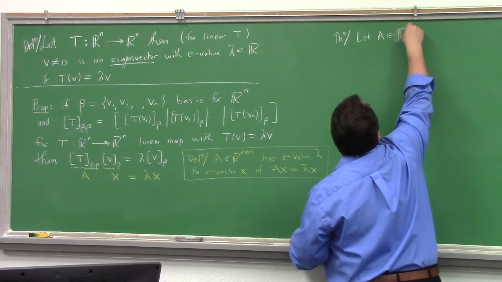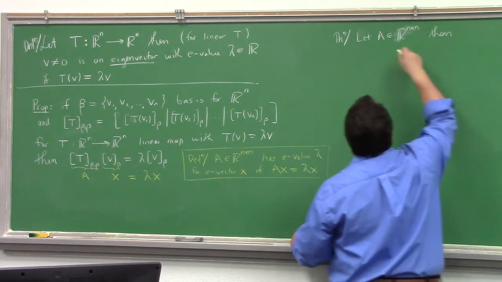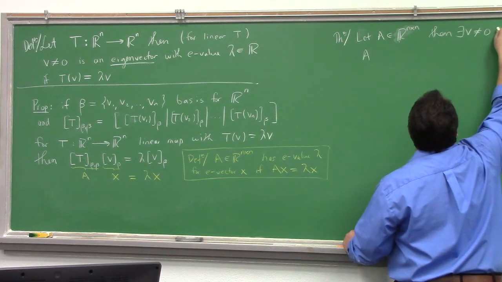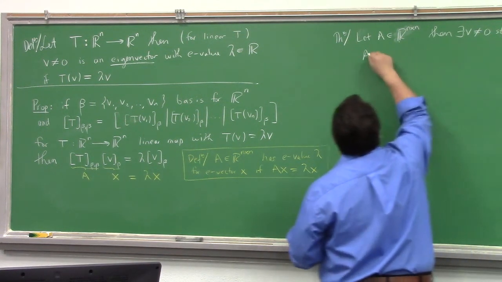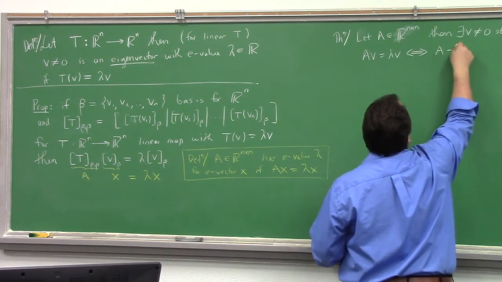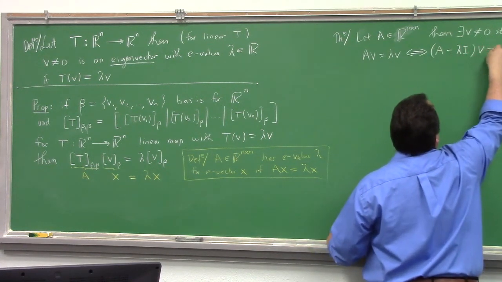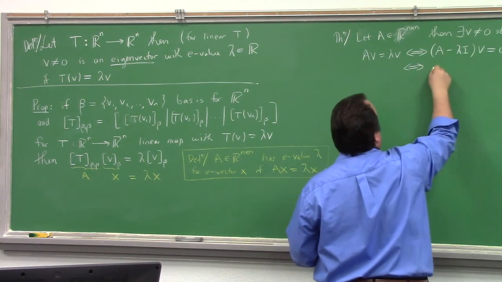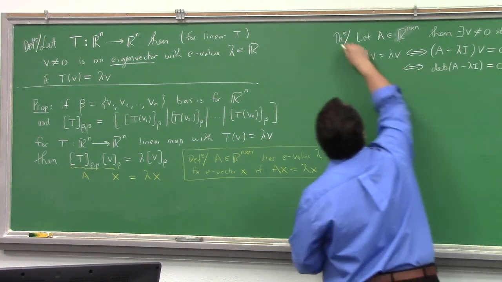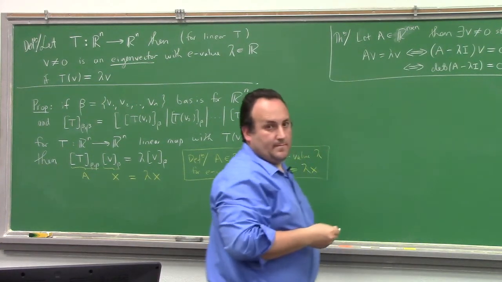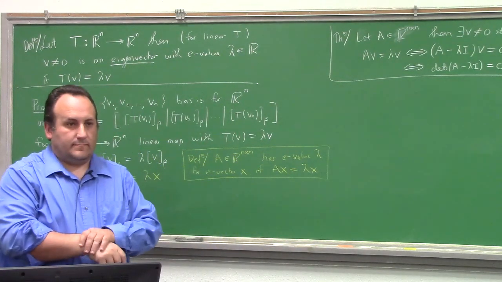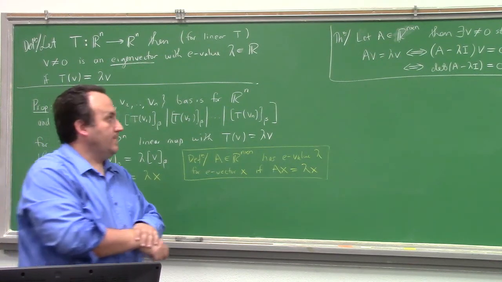Then there exists V not equal to 0 such that AV equals lambda V if and only if (A minus lambda times the identity matrix) times V is equal to 0, which is true if and only if the determinant of A minus lambda I is equal to 0. Are we good? Hope we're okay.